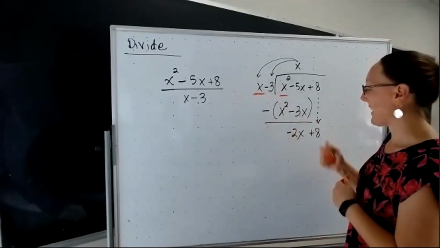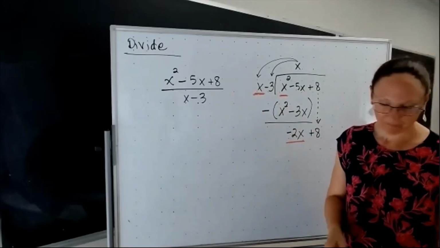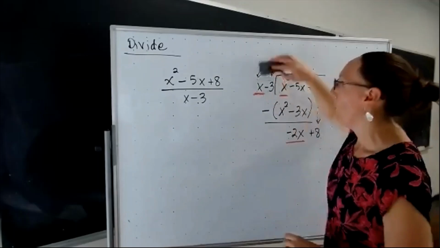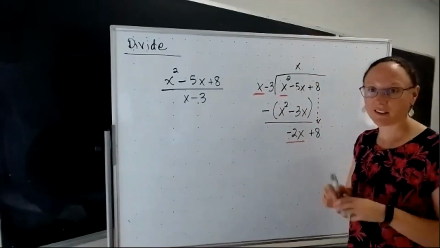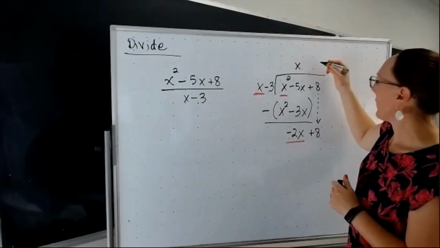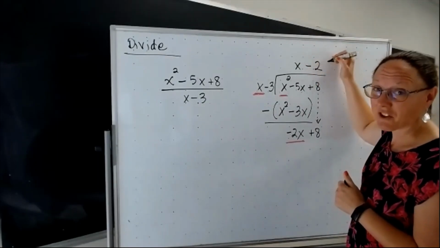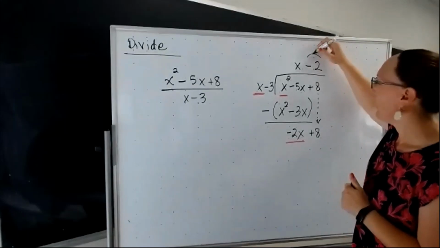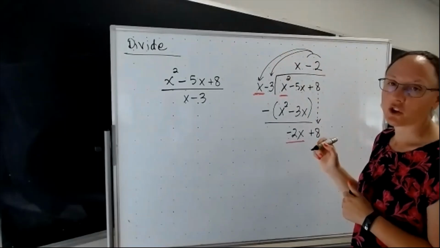So I've got that x out in front, and I'm comparing that to my -2x now, and thinking, what would I multiply x by to get -2x? The answer is -2. I'm going to take that -2 and multiply it by my entire term.